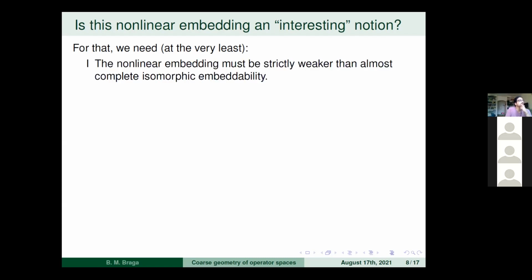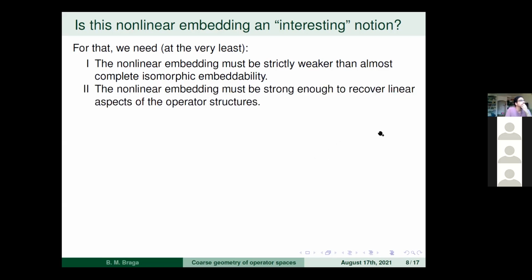One of them is that this nonlinear notion needs to be strictly weaker than whatever linear counterpart it has. The existence of a nonlinear embedding should not imply the existence of the linear embedding. Otherwise, at the end, it won't be very interesting. The other is that it cannot be too weak. You cannot say that everything embeds everywhere. It has to be capable of recovering some aspects of the linear structure.